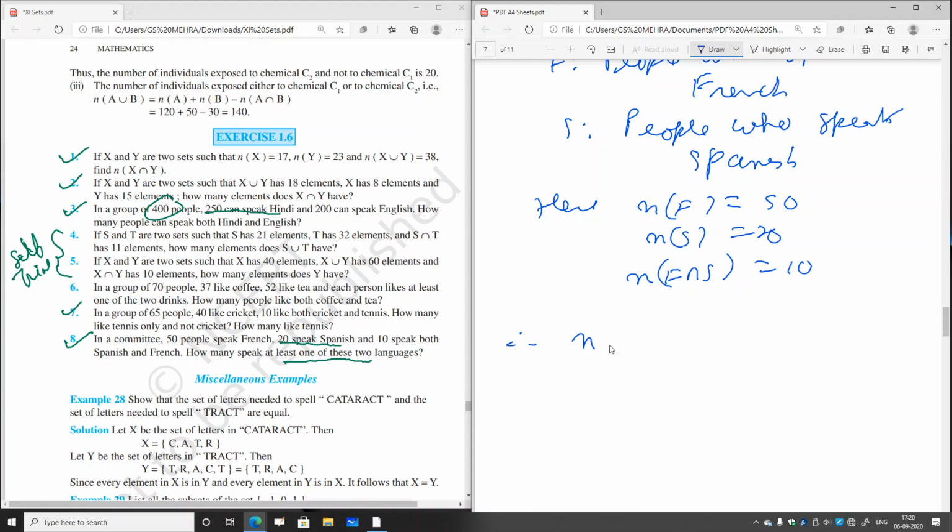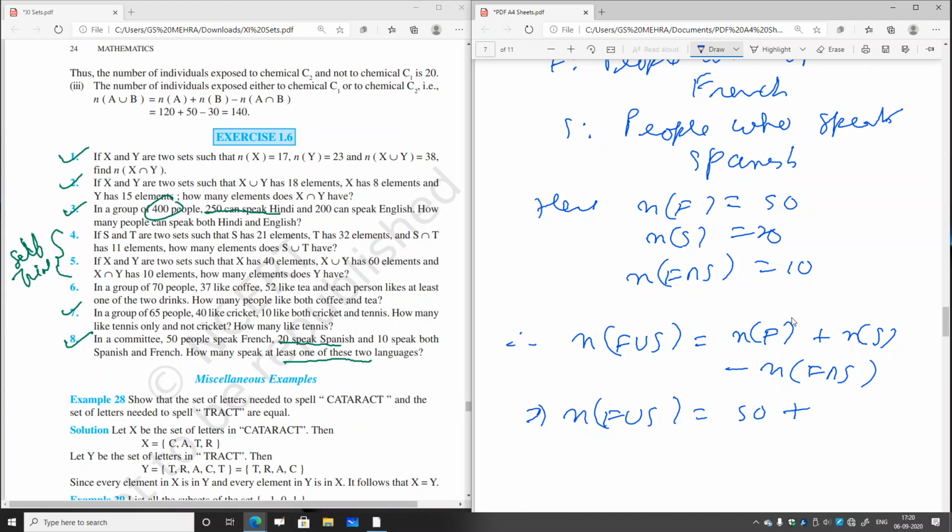Therefore, n(F union S) will be equal to, we know the formula, n(F) plus n(S) minus n(F intersection S). So n(F union S) is equal to 50 plus 20 minus 10, and that is 70 minus 10, that is 60. So this is the answer of question number 8.